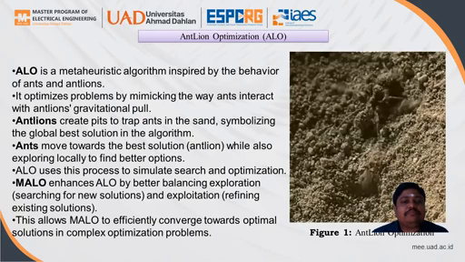Antlions create a pit and trap the ant in the sand, symbolizing the global best solution in the algorithm. Ants move towards the best solution, the antlion, while also exploring locally to find better options. Antlion uses this process to simulate the search and optimization.